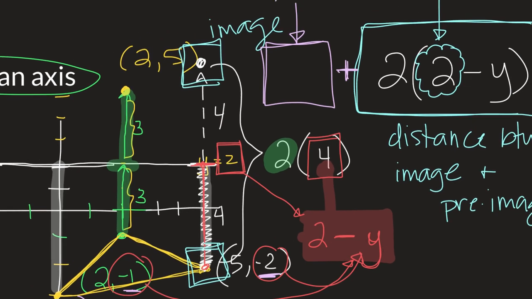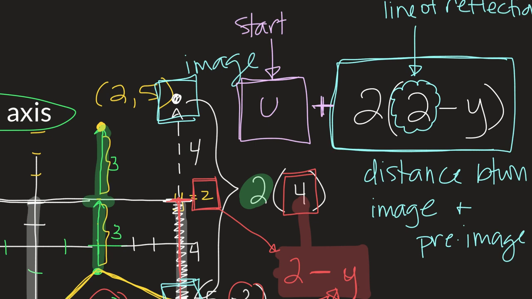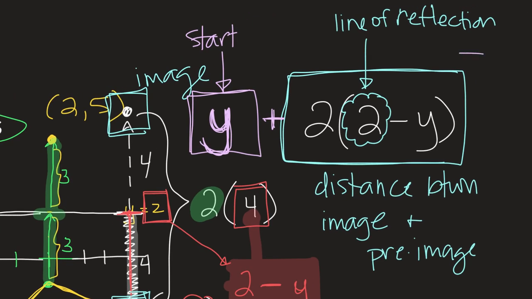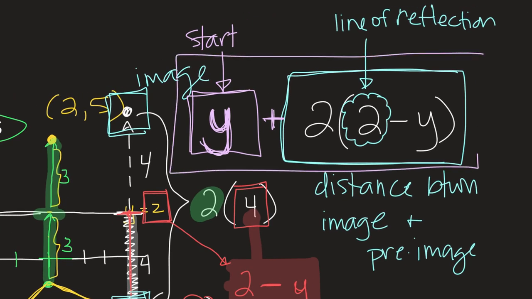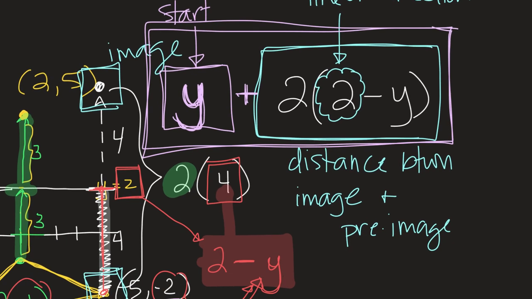So our starting point is always going to be the y value from your problem. This is a pretty good equation that we're going to incorporate into our general rule, our notation for writing any point that gets reflected across the line y equals 2.